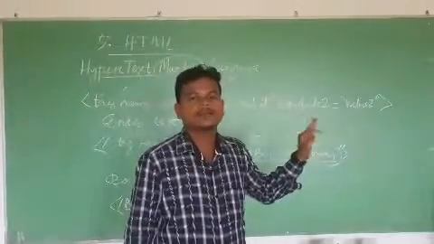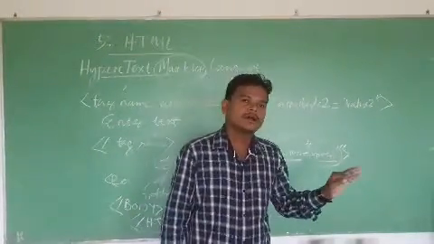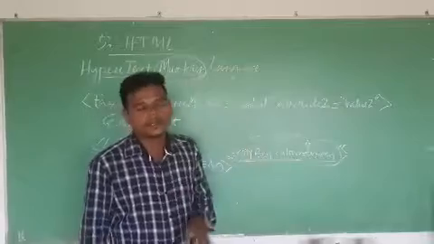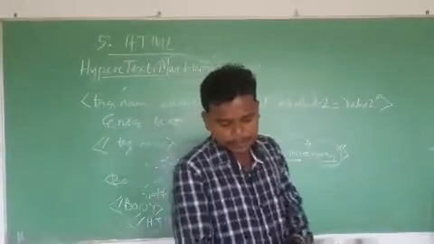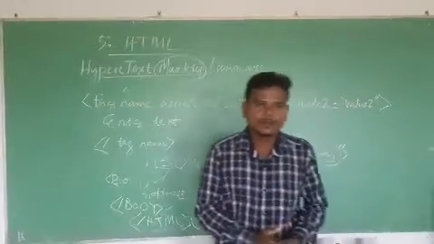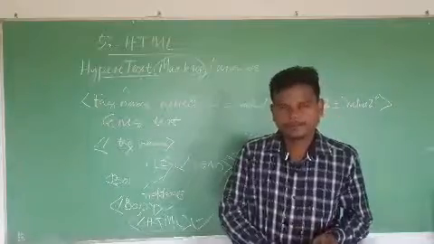Otherwise there will be an error, and with any error it cannot be executed. It doesn't run the program. That is why it has many attributes, and background color, foreground color and margins are used most commonly.